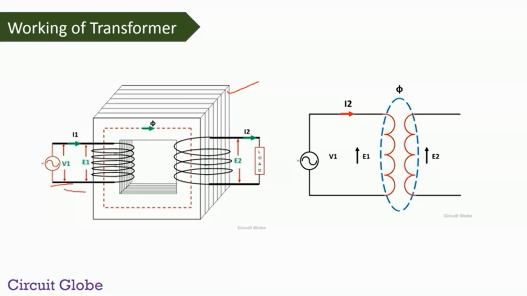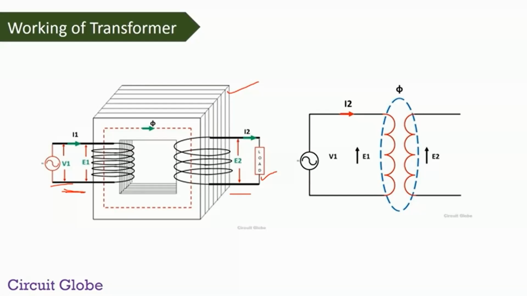Okay, here we have two separate windings. The first one is the primary winding of the transformer and the second one is the secondary winding. The winding through which we supply the input to the transformer is called the primary winding, and the winding to which the load is connected is called the secondary winding of the transformer.